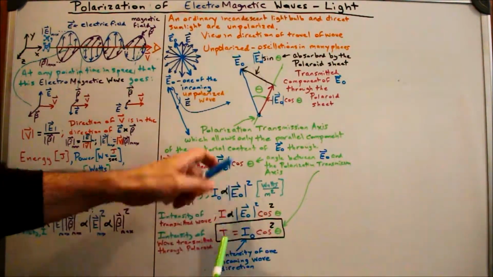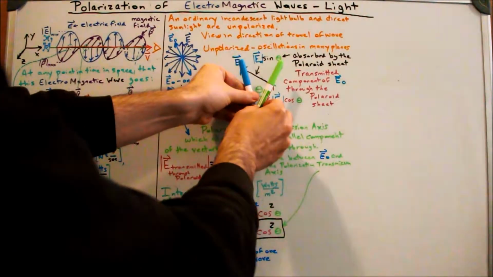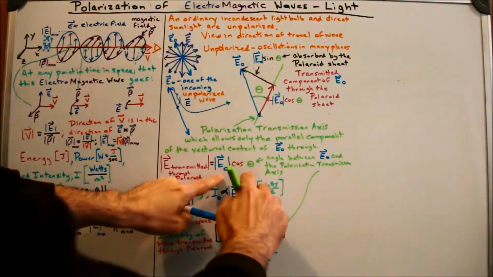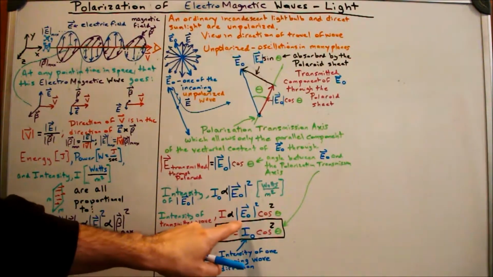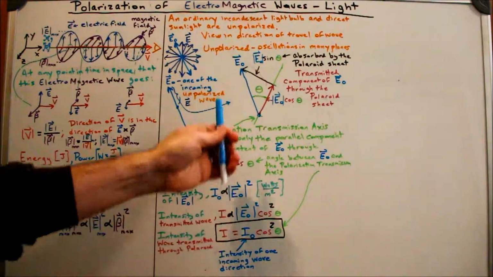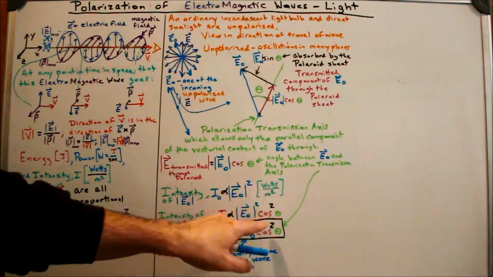So the original amplitude of the incoming wave times the cosine of this differential angle. So the intensity would be this squared. So this is the intensity of the transmitted wave: the magnitude of the original squared times the cosine squared of theta.